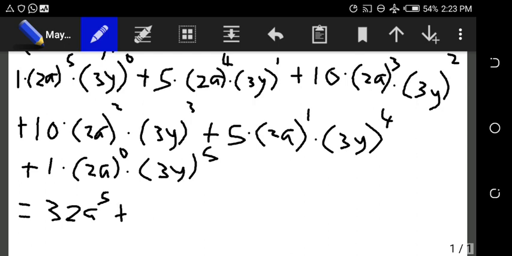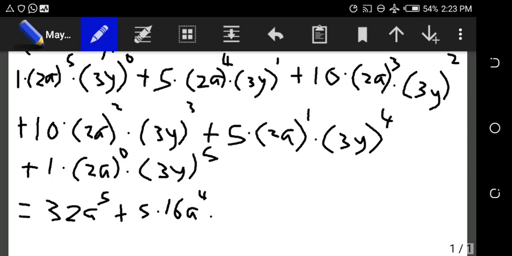Plus, now we don't need to look out for the minus sign because everything is positive plus. Now over to this one, we are having a 5 times, now remember the same rule applies here, the 4 as a power would affect everything inside the bracket, so that will give us 2 raised to power 4, a raised to power 4. 2 raised to power 4, that is 16, so we have 16a raised to power 4 times, don't get confused with the dot product, that is multiplication.